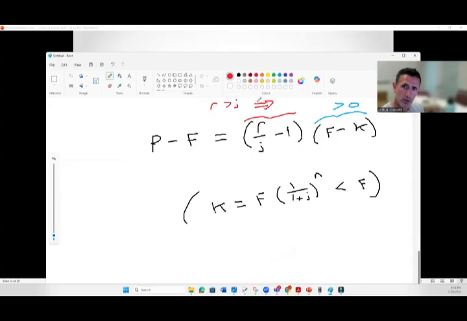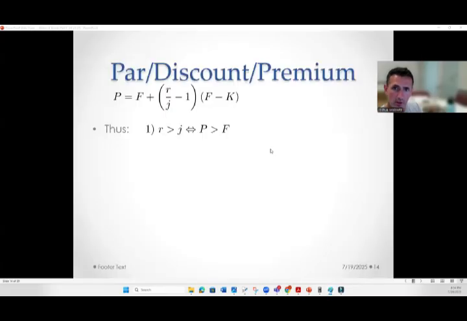And these kind of weird arrows mean precisely when. If you've taken the proofs course, it's if and only if, but in plain English, it's exactly, precisely when. So R is bigger than J precisely when P is bigger than F.